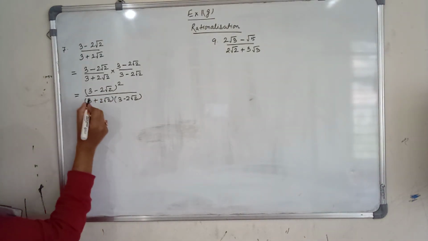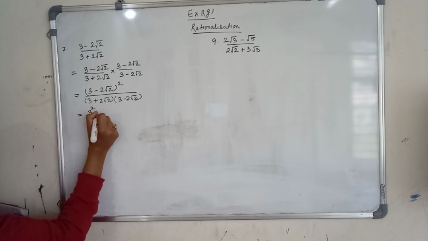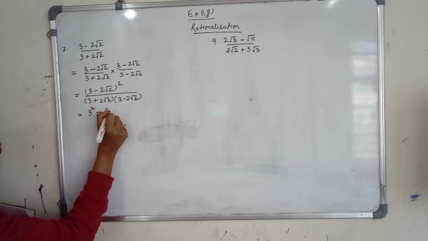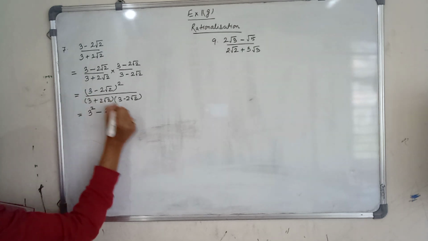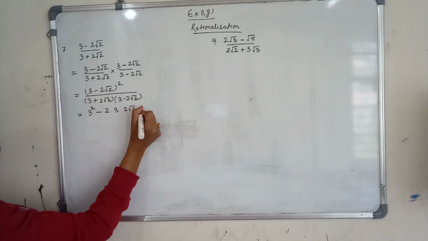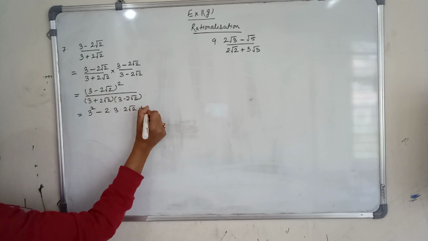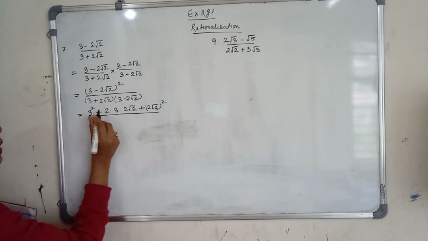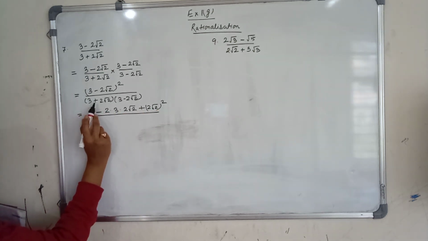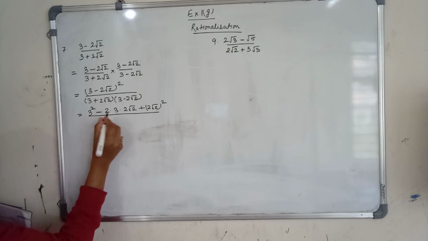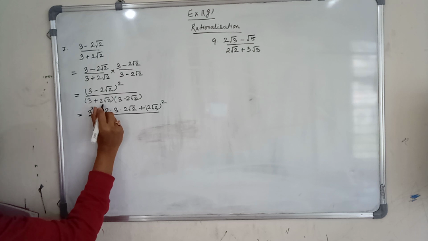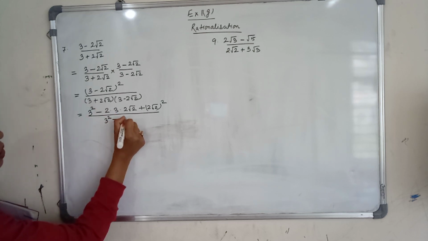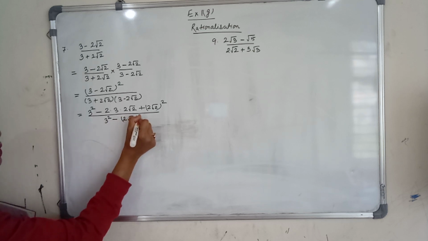So use the formula a square, it means 3 square, minus 2ab, where a is your 3, b is your 2 root 2, plus b square, b is your 2 root 2 whole square. In the denominator, this is the formula of (a plus b)(a minus b), so we can write this as a square minus b square, where a is 3 and b is 2 root 2. So this is 3 square minus (2 root 2) whole square.